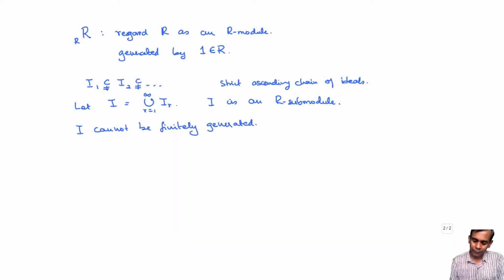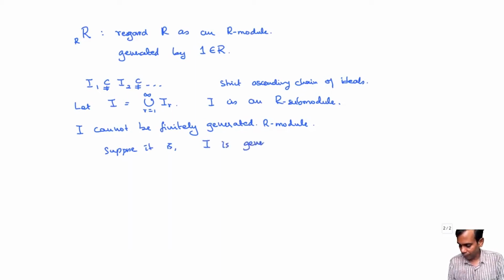Why is that? Suppose it is generated as an R module. Suppose I is generated by some elements m1, m2, ..., mn.